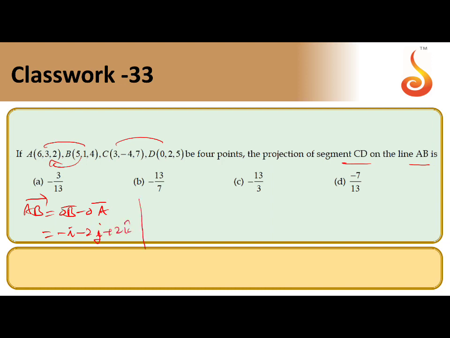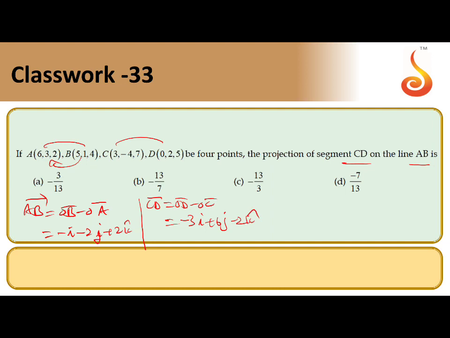That is called the AB vector. And the CD vector is OD minus OC. So this is AB and CD, you got it here.